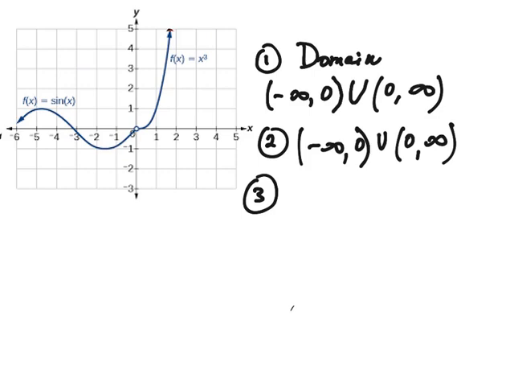It looks like it crosses the x-axis at this point, which is negative 3, and at 0. But I can't call this point right here the zero of my function, because my function is not defined at that point. Even though it looks like it goes through the x-axis there, your graph breaks.